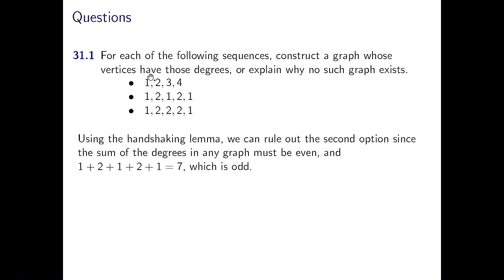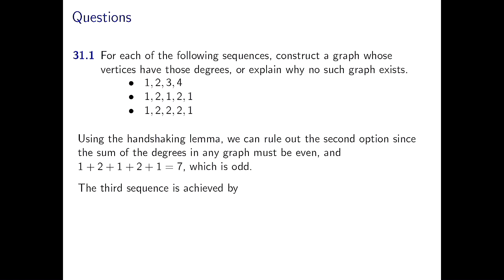Okay, why can't this one exist? Well, okay, maybe let's talk about the third one first. I reckon this one can exist. What would give me this sequence of degrees? Yeah, so a path with 5 vertices, which would be a path of length 4, would do it.